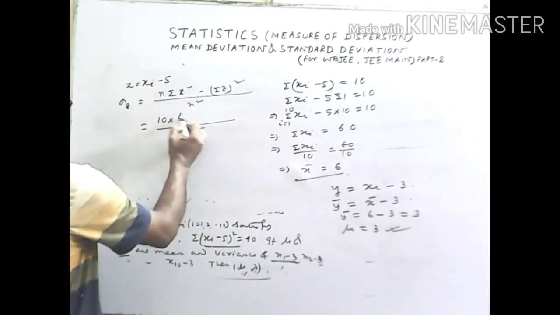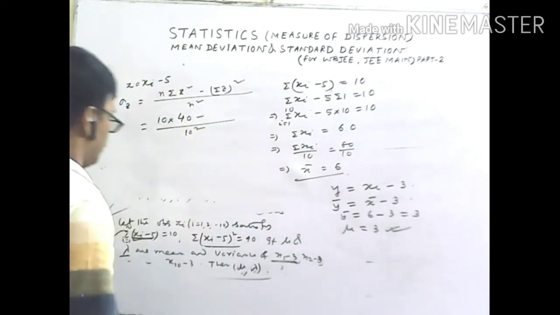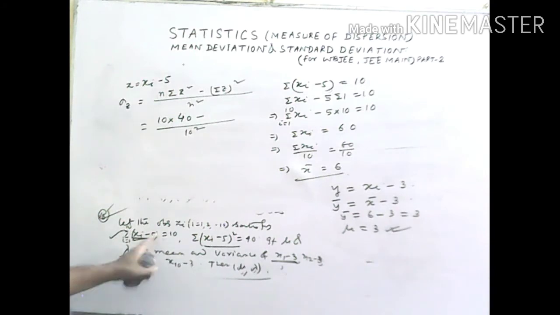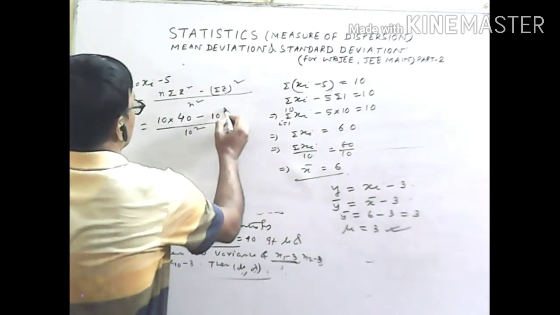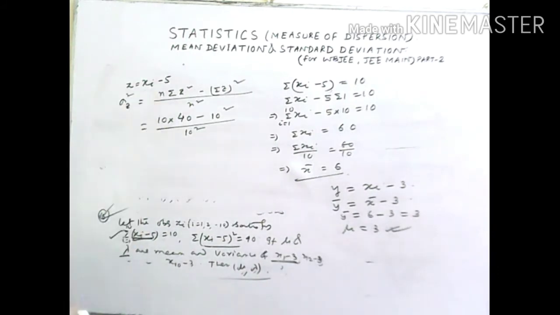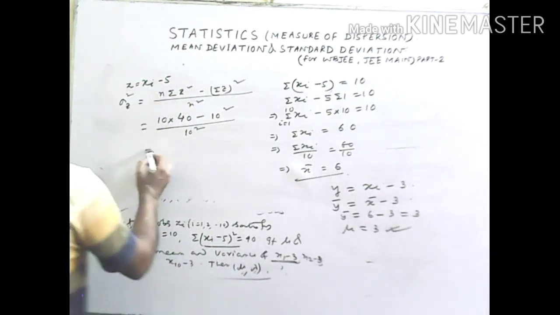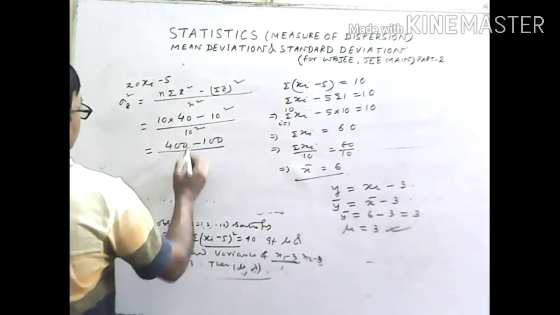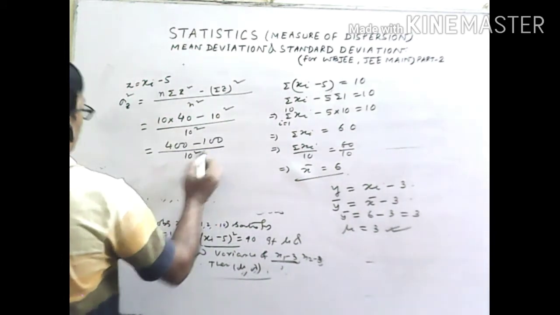So this is 40 minus summation z is xi minus 5 whole square. This is 10 square. So this is sigma square z. So 400 minus 100 by 10 square.